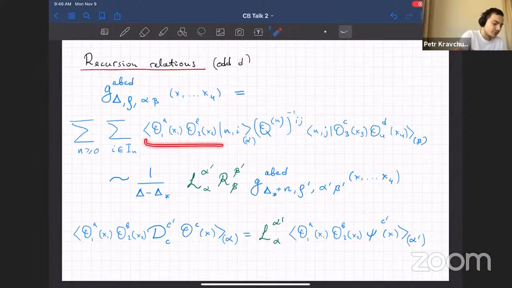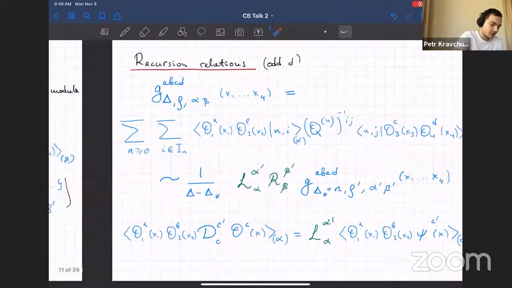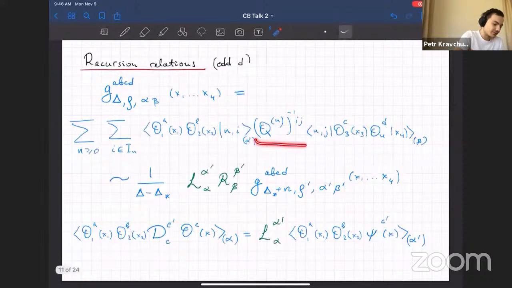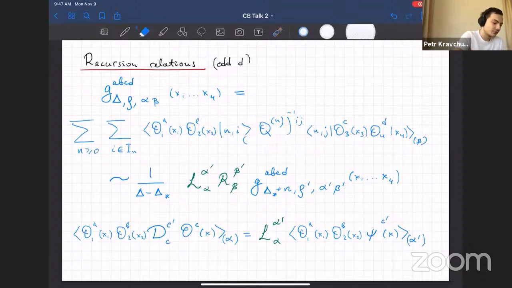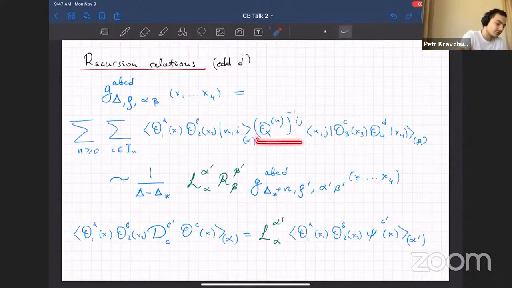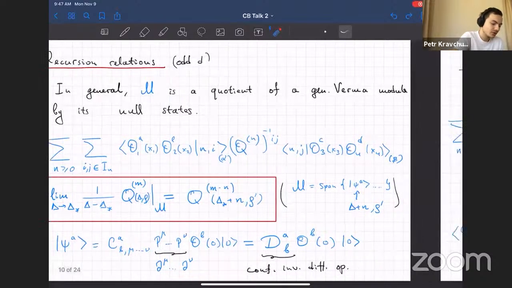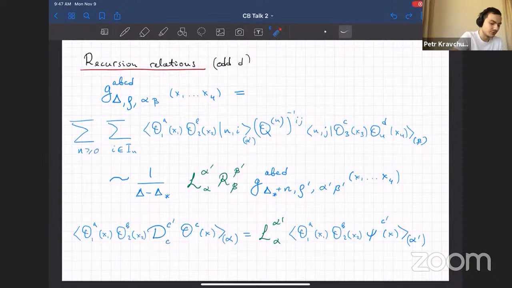And again, staring at this expression for the conformal block, you find that there is a subset of states which lead to poles in this Q inverse, and the part of the residue which comes from Q inverse is just again Q inverse, but for some other Verma module, and the states that contribute to the residue can be written as P acting on this psi, psi itself can be interpreted as a derivative of O, and the tensor structures with derivatives of O expand in terms of other tensor structures.